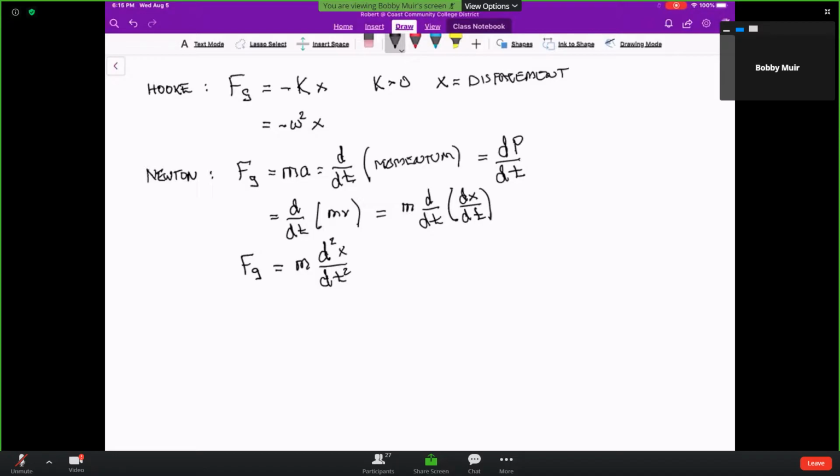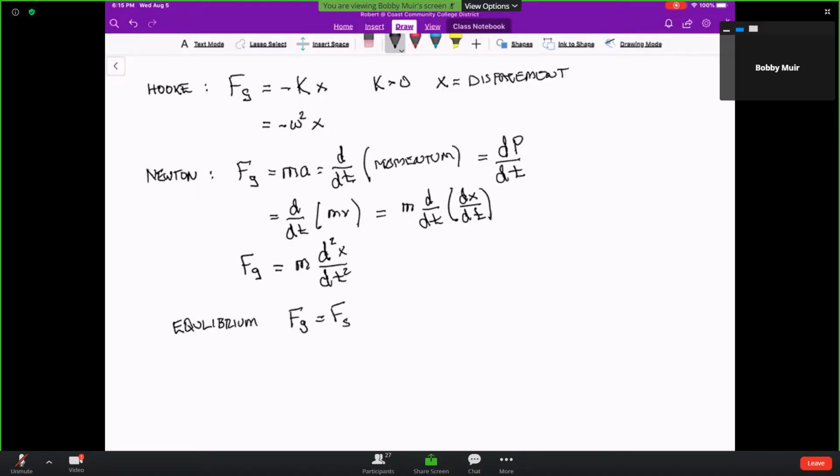Okay, now at equilibrium, these forces have to cancel each other out. This is where the sign that you put in front of things starts to make a difference. Force due to this has to be the force due to that.